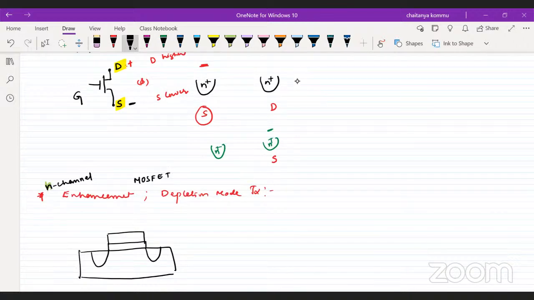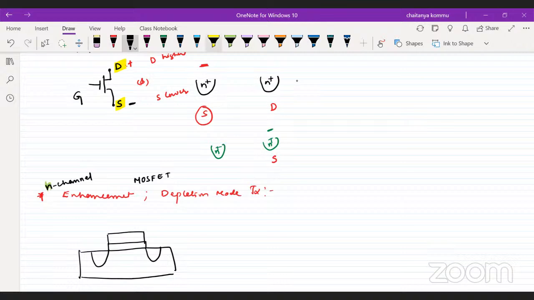Field effect transistors are also available in other forms, such as junction field effect transistors, and different types are there. We focus on MOS structure field effect transistors. This MOS structure based field effect transistor has negatively charged carriers, the electrons, under the silicon dioxide, so it is called an N-channel MOSFET.